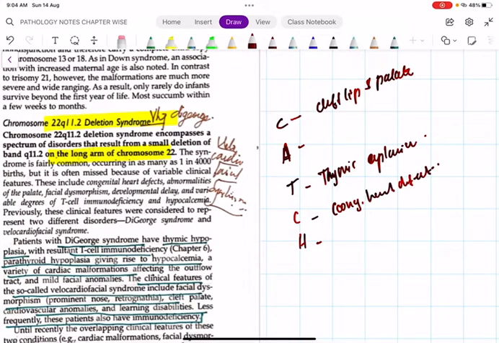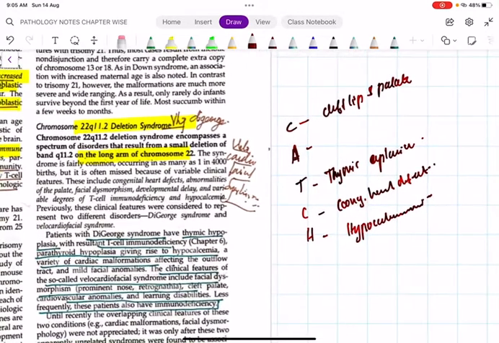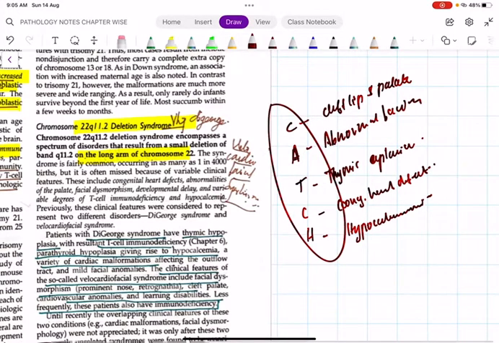And H stands for hypocalcemia. And A stands for abnormal faces. So this is CATCH. You can remember this by the mnemonic CATCH.